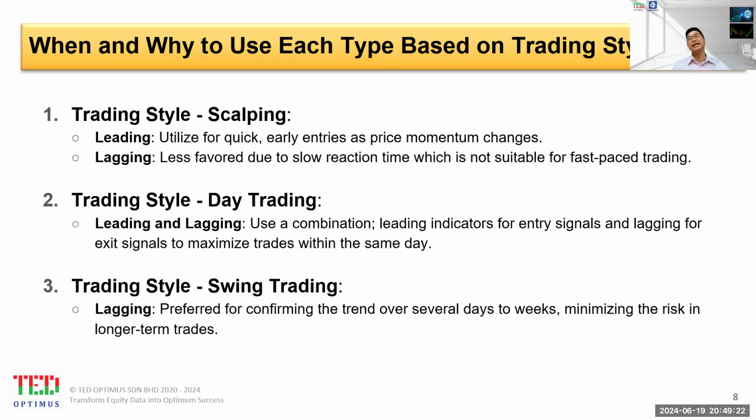So for swing trading, a lot of the time people will use moving average. That means as long as the price doesn't drop below a certain moving average, they will let the profit run, because the moving average serves as a support or a cut loss level.